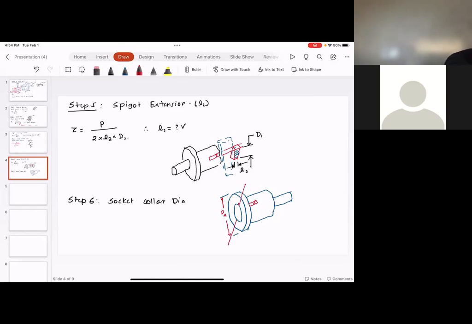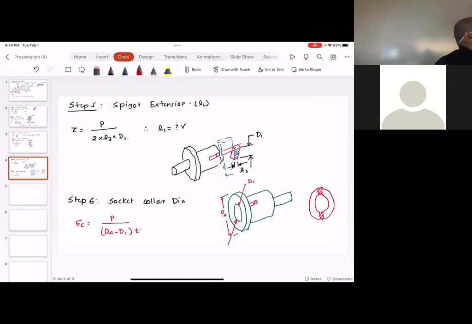This is the diameter where the spigot rod sits, which is D1. And if you look from the side view, you would observe this is where it will be crushed. So sigma C is equal to P divided by D4 minus D1 multiplied by T.